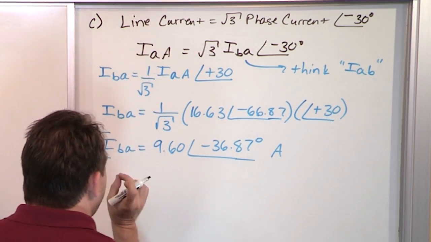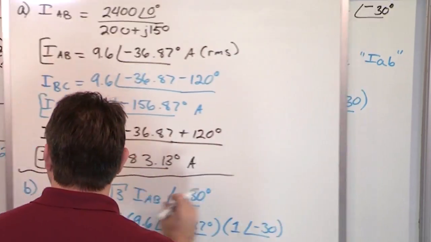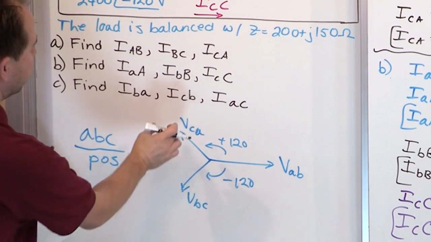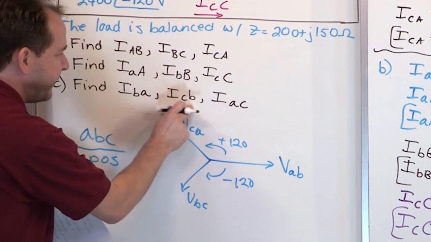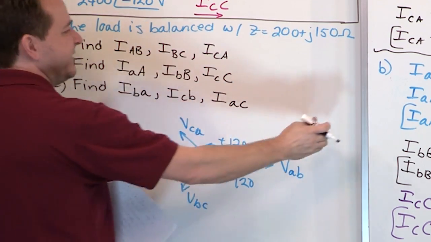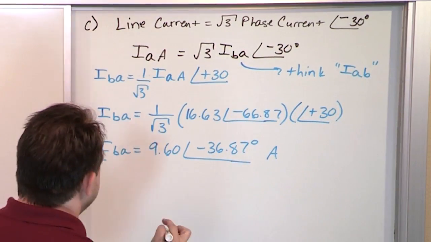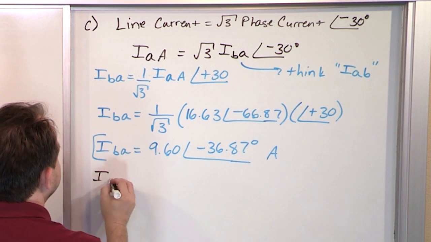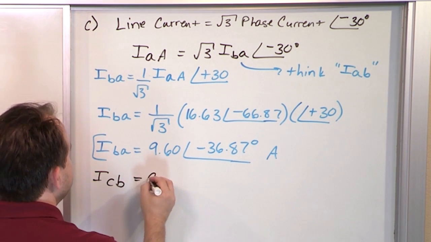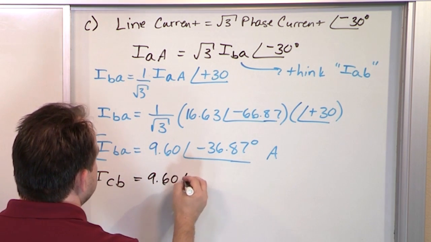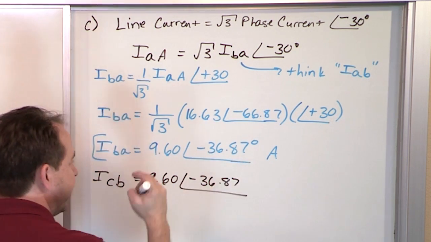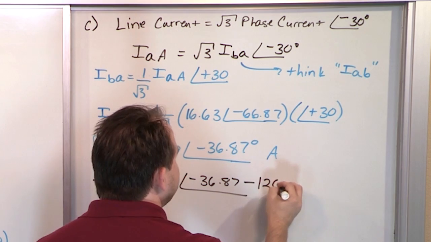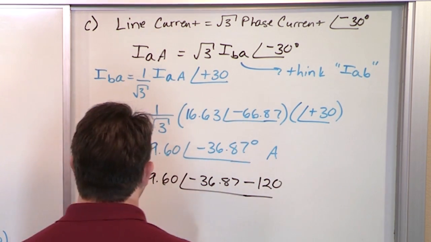So you got to ask yourself, what would the B phase be? If that's the A phase, what would the B phase be? Well, normally it's AB, BC, CA. So BC is the B phase usually, but we reverse it, we call it CB. So you should write down CB. So ICB, that's the B phase current, 9.6, and then you start with what you had, negative 36.87, that's the A phase current, and then you're going to be subtracting 120, because to get the B phase, you're subtracting 120.